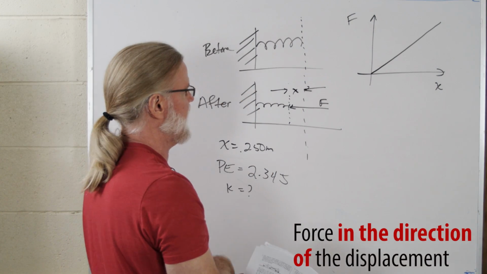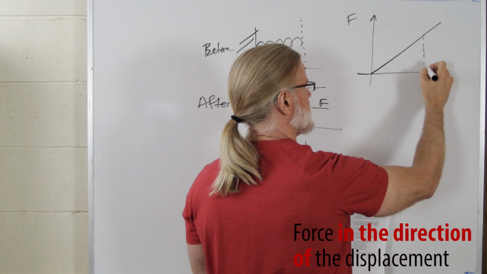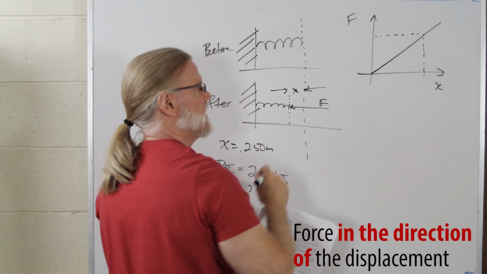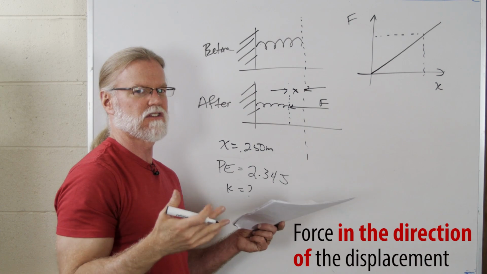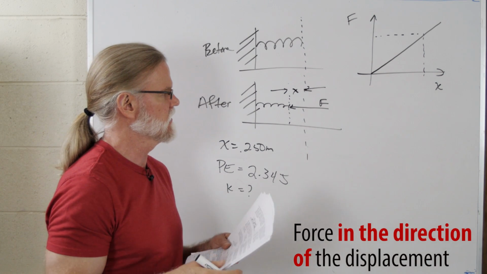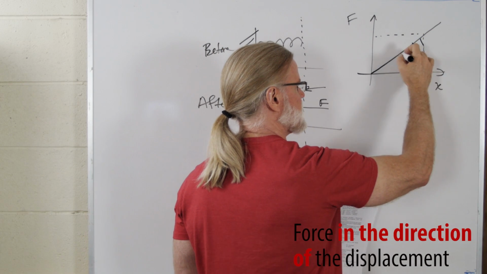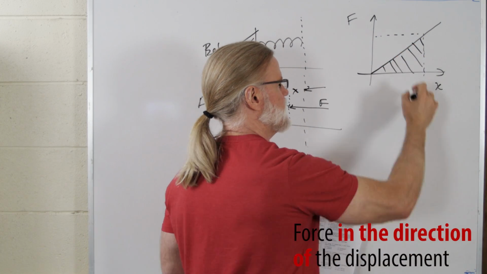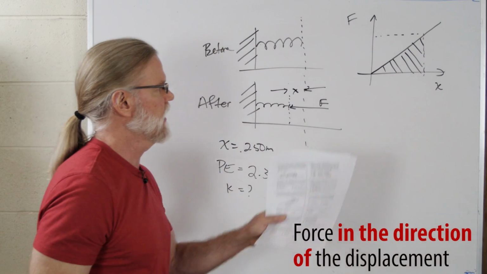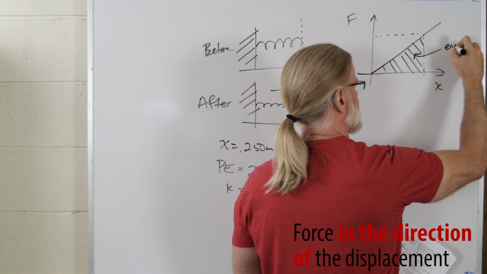If we want to know the energy stored, like if it got compressed this much, anytime we have a force versus displacement graph, as long as they're in the same direction, the area under the curve, also known as the integral for you fancy pants math people, is the energy stored.